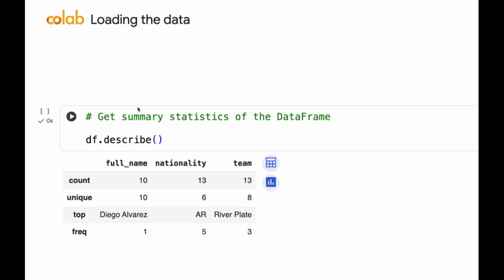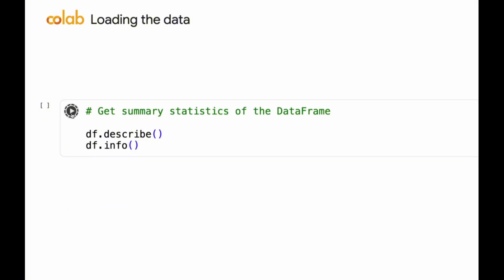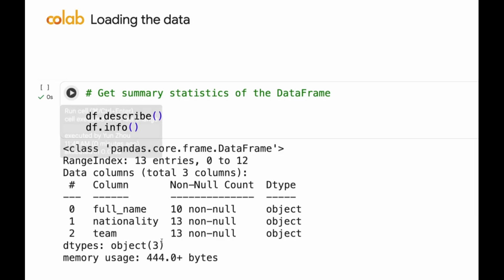Now, other than df.describe, there's another useful command which is called df.info. And let's see what it tells us very quickly. As we can see here, it tells us some information again about all those 3 columns.